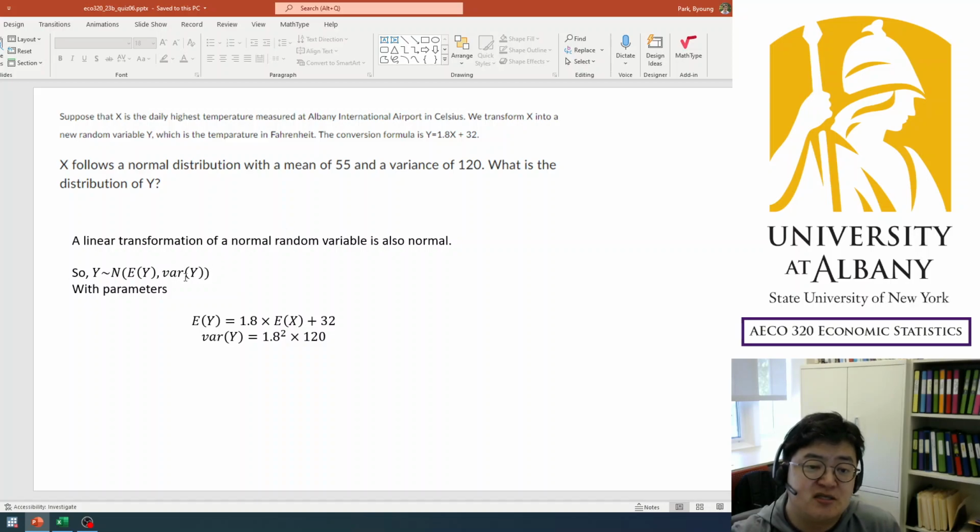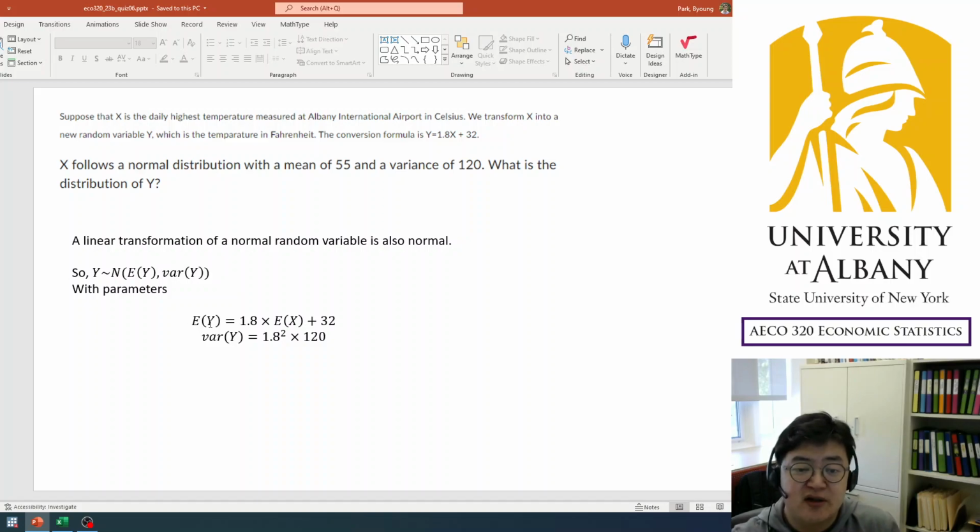What remains is we just need to know the mean and the variance of Y. Because a normal distribution is parameterized only by two numbers, mean and variance, it remains to find the mean and the variance. And we know how to do that for a linear transformation.